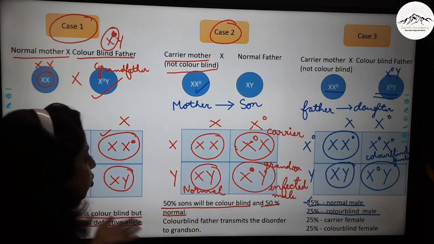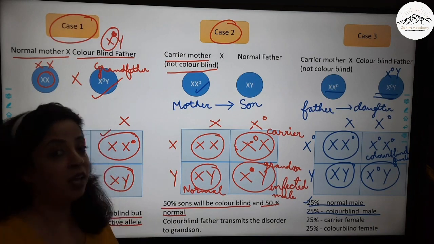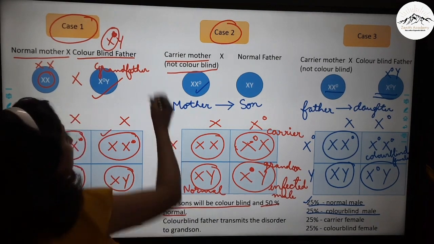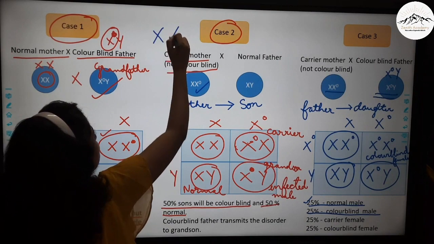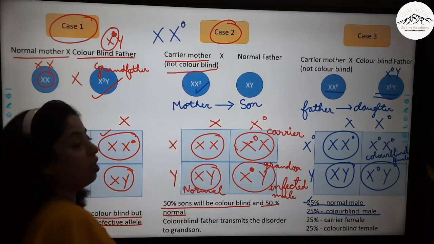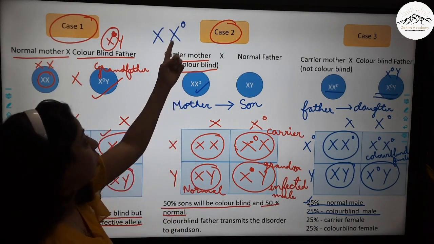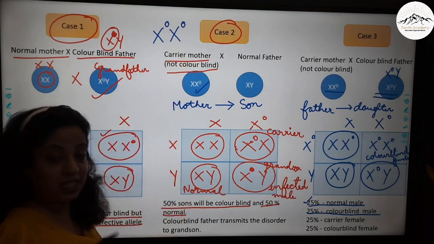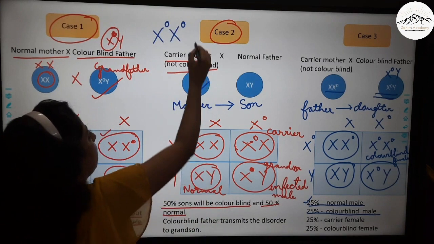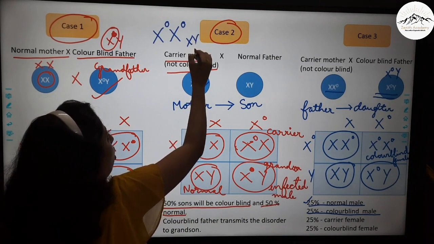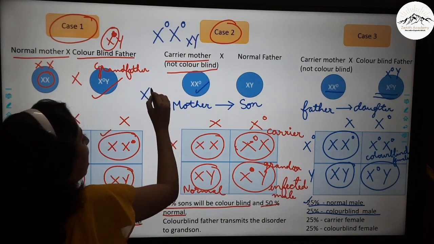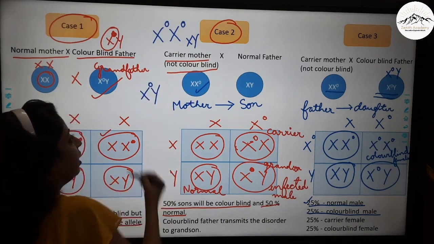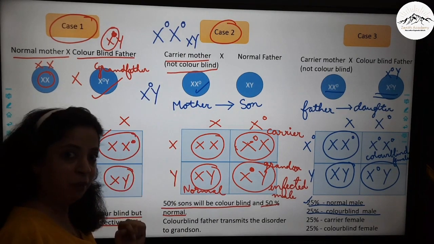I hope you understood all the 3 cases very well, and I hope you understood that X naught is a carrier only because only one gene is affected, whereas X naught X naught is a colorblind female. Now XY is a normal male, whereas X naught Y is a colorblind male.